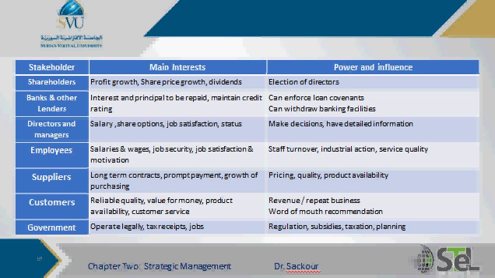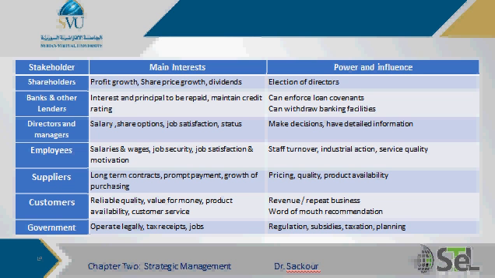Shareholders want profit, and they have the election of directors. Employees, as you can see here in the middle of this table, want salaries and wages, job security, job satisfaction, motivation. But if they are unsatisfied, they will take industrial action or strike. They can strike against your company.